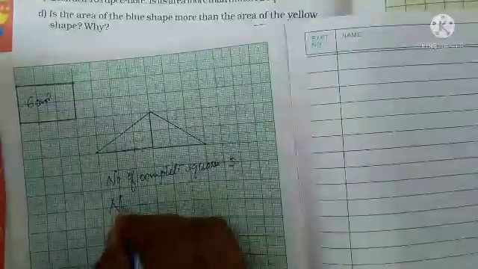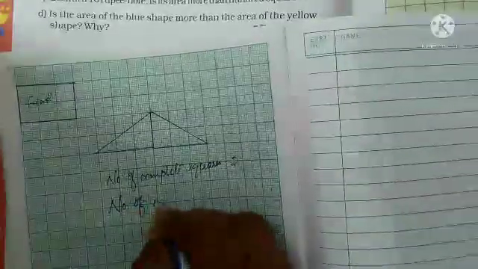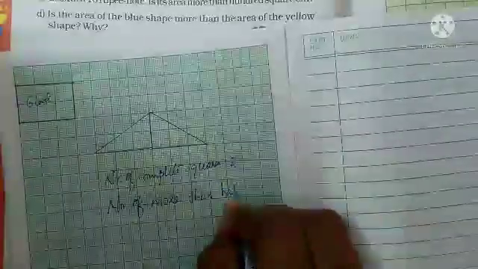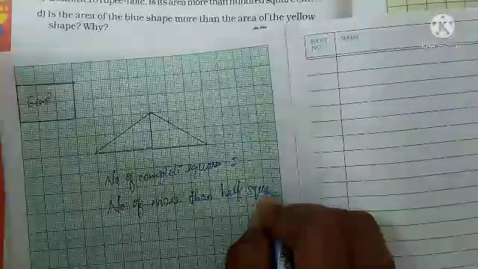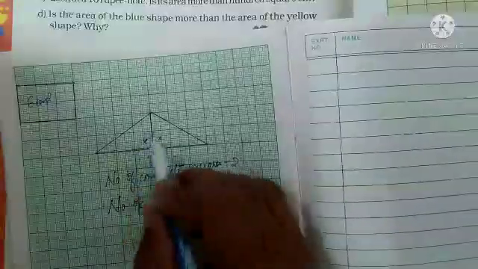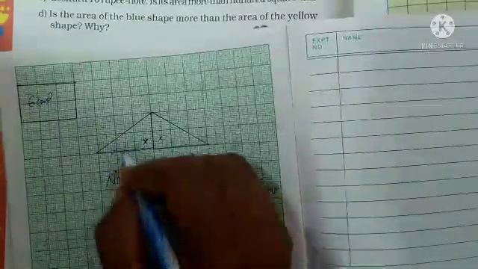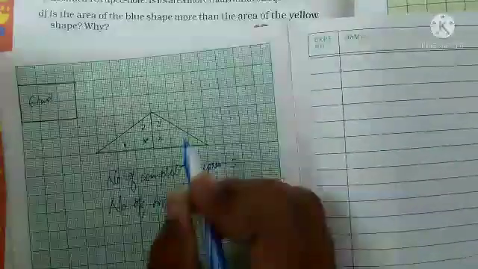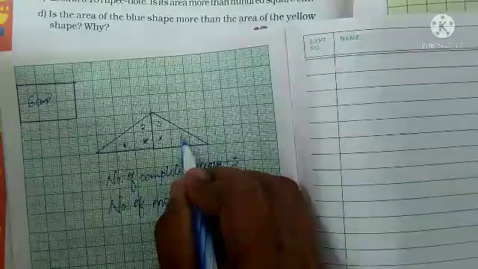Yes, the number of more than half squares. We take these two complete squares, and next we need to find the more than half squares. This is 1. This also is more than half. This also, and this also.